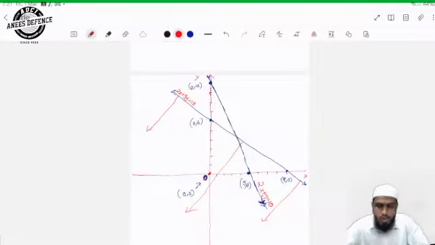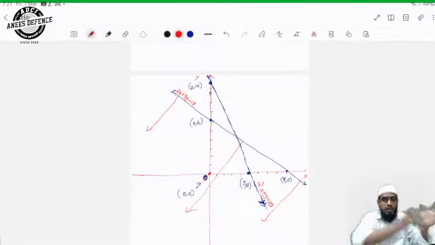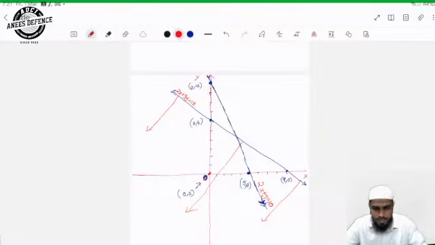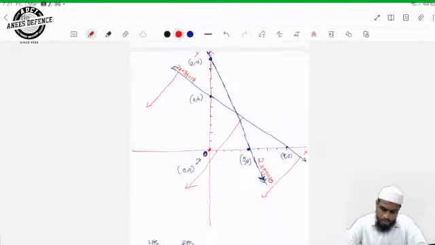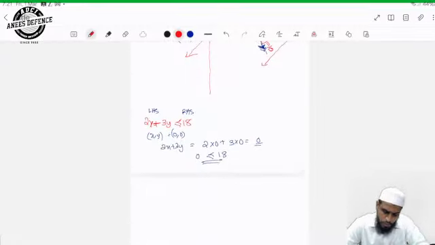So here also we have to consider whether our required area is lying on the origin side or non-origin side. So what we have to do, we can take any point on the right or left of the line. For example, here also I am putting the origin. By using the origin, I am going to check.